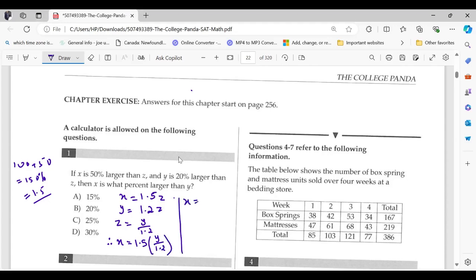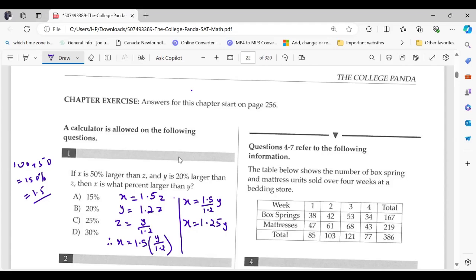So S is actually going to be 1.5 over 1.2 Y. If we divide 1.5 by 1.2, what would that give to us? It will give us 1.25, which is 125%. So S is 125% of Y.